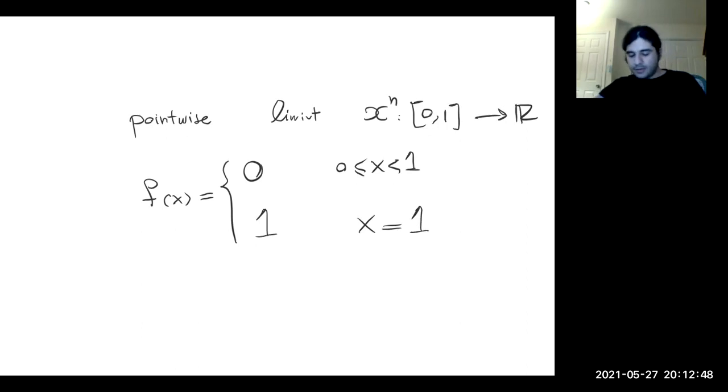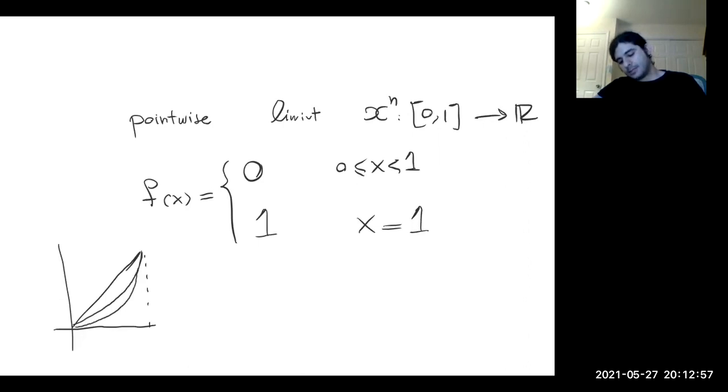So the limit of these functions, this is x squared, the next one is x cubed, the next one is x to the 4, the next one is x to the 5. Their limit is this thing. It's everywhere 0, but at this point it becomes 1.